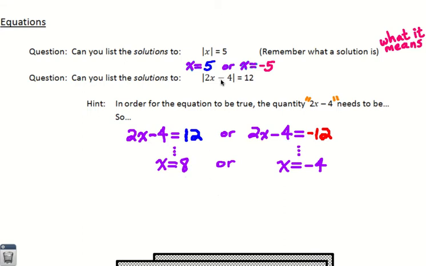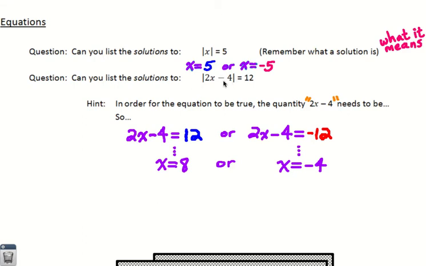And this helps us see what's going to be your overall strategy solving these absolute value equations. The first thing you want to do is make sure that the absolute value portion of your equation is the only thing on one side, let's say the left side.